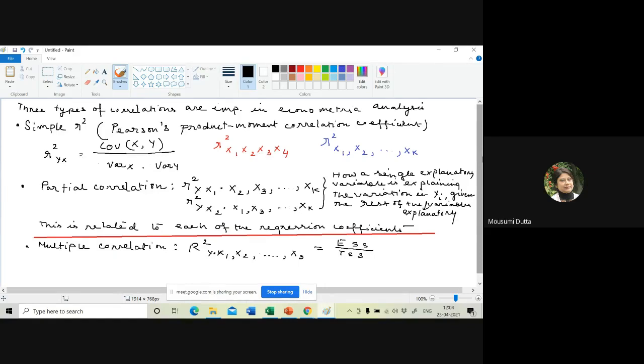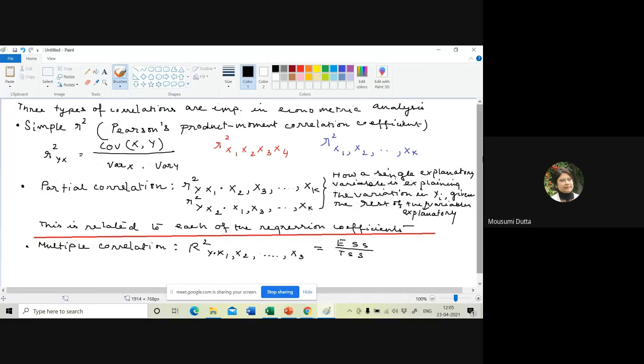Now again, in a simple model, when we have y is equal to alpha plus beta x plus u, if you like to measure the partial correlation, what can you measure? You can measure the correlation between y and x only, because there is no given matter. So in case of a simple regression analysis, the simple r square will be exactly equal to that of partial r square.